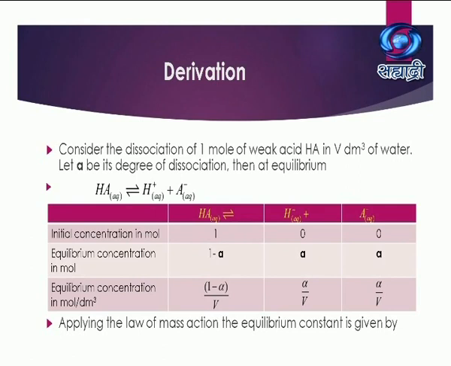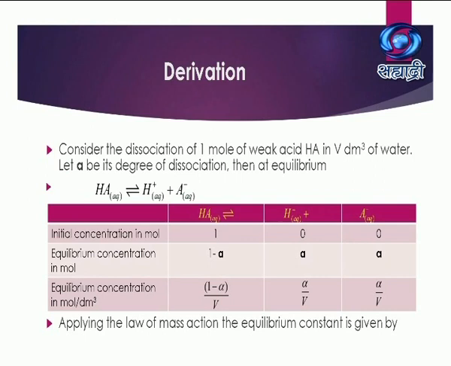Since this is a weak acid, there is establishment of equilibrium. Now let's find out the concentrations of these species. Initial concentration of HA is 1 mole. With 1 mole we started the dissociation. Initially no ions are present, so 0 concentration of H plus and A minus.